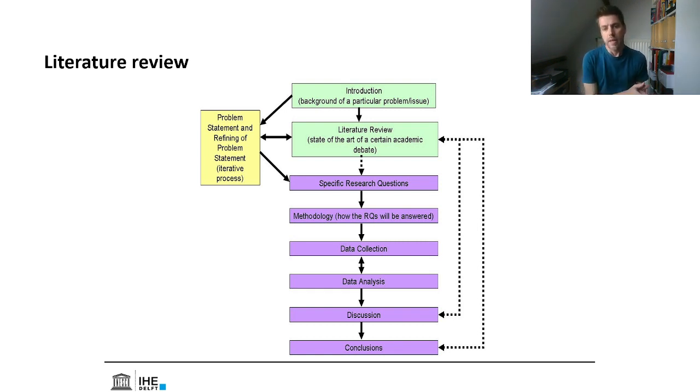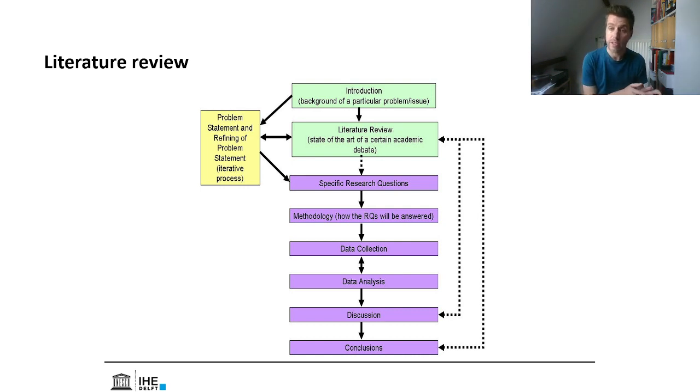Well, if we look at the different scientific disciplines, we see that there is a little bit of a difference between the natural sciences and the engineering sciences in relation to the social sciences and how the literature review is used.